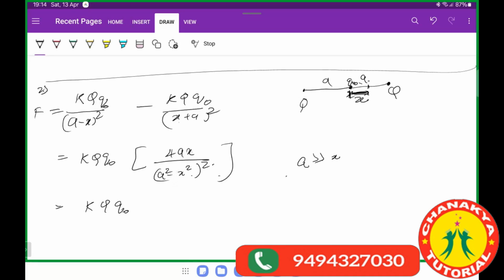Numerator is a multiplication, it cannot be neglected. 4ax by a to the power 4. So one a can be cancelled. So 4k q naught x by a cube. That is the net force.